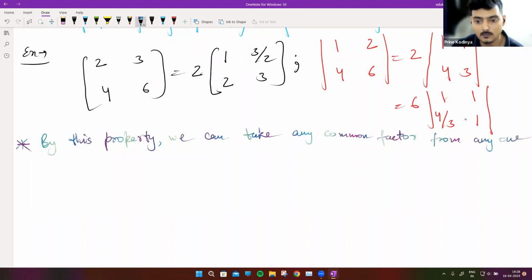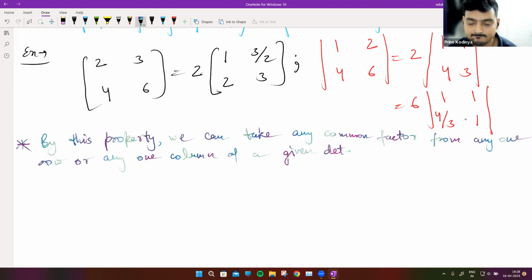One row or any one column of a given data. Right? Okay. Let's find out this value.